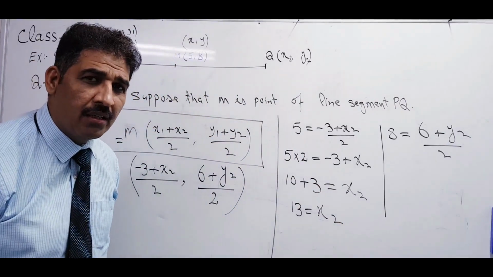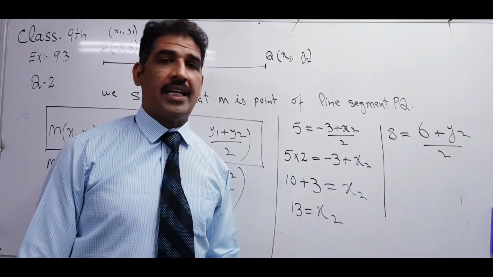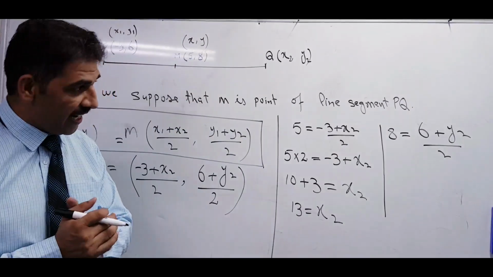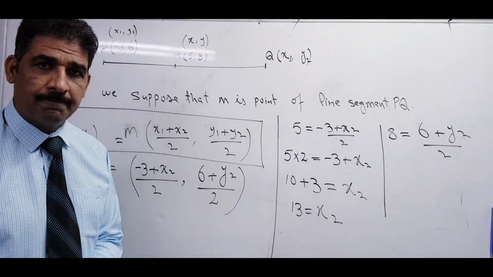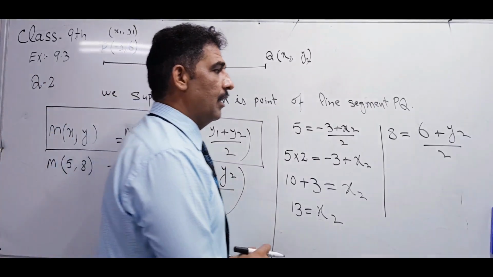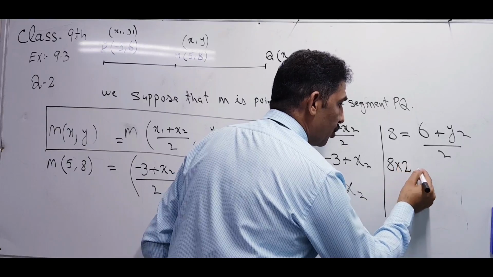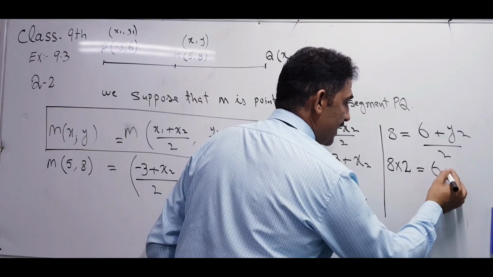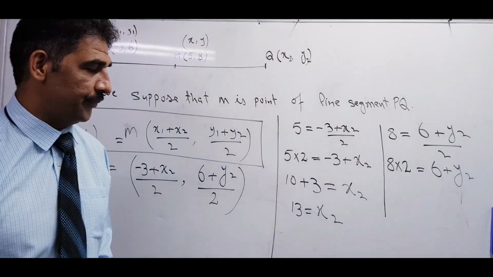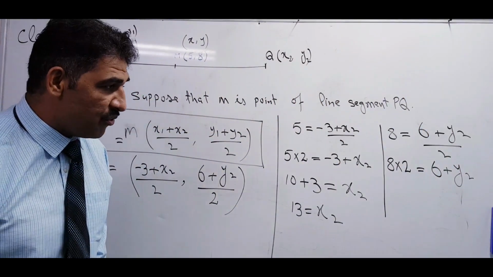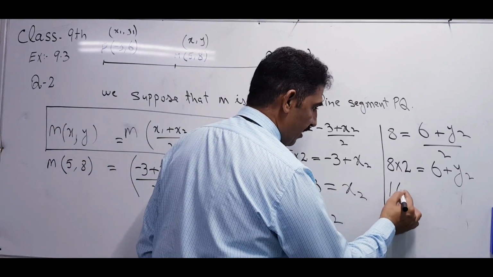Is the question over? No. What's remaining? Okay, the solution of the y coordinate. So what is the first step? Yes? Good. 8 multiplied by 2 equals 6 plus y2, which will remain the same. Absolutely right. Okay, the next one. 8 2s are 16.